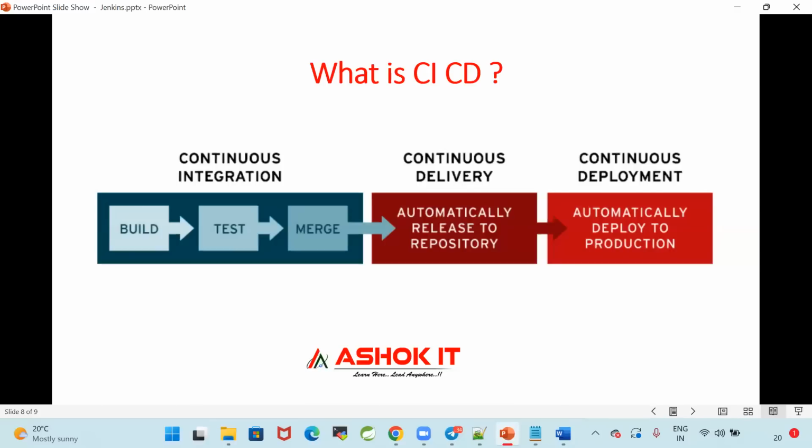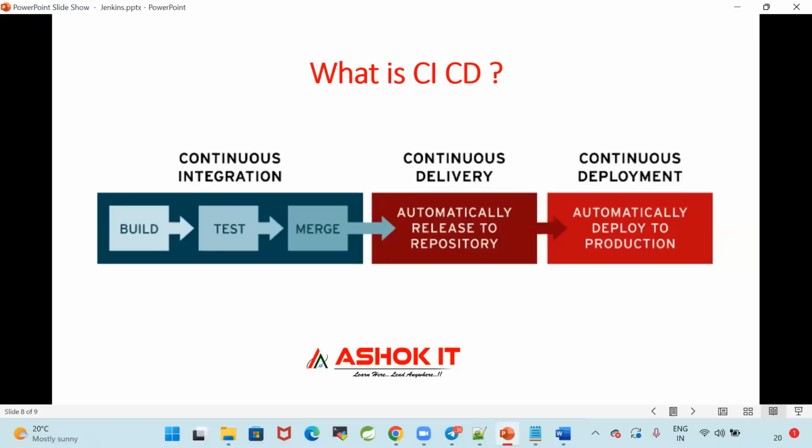Sir, continuous deployment is the last stage after the delivery. Continuous delivery means automatically releasing to the repository, so the project is ready to deploy in production. Continuous deployment means production deployment. For continuous deployment, a manual approval is required. Directly we cannot deploy the code to production.